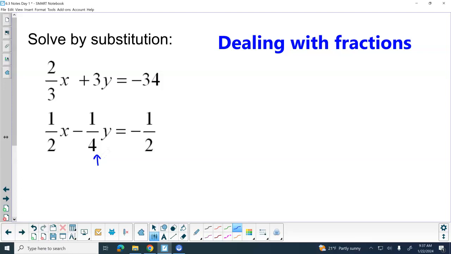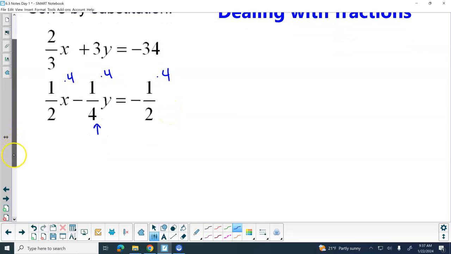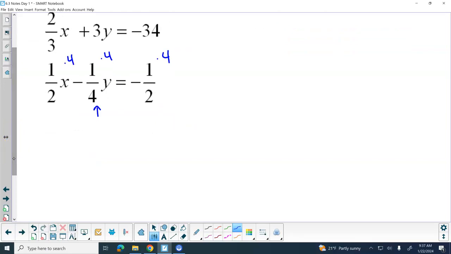So let's do that right from the start. 4 times 1/2 is 2. 4 times 1/4 is 1. 4 times negative 1/2 is negative 2. I can multiply both sides by a number to clear the fractions if I want.